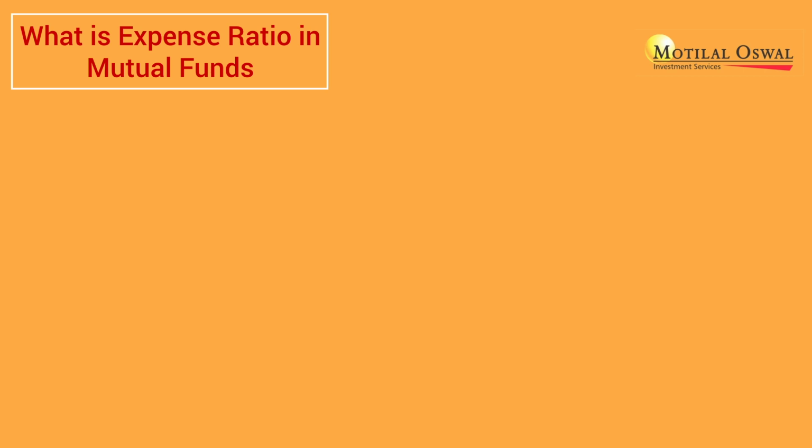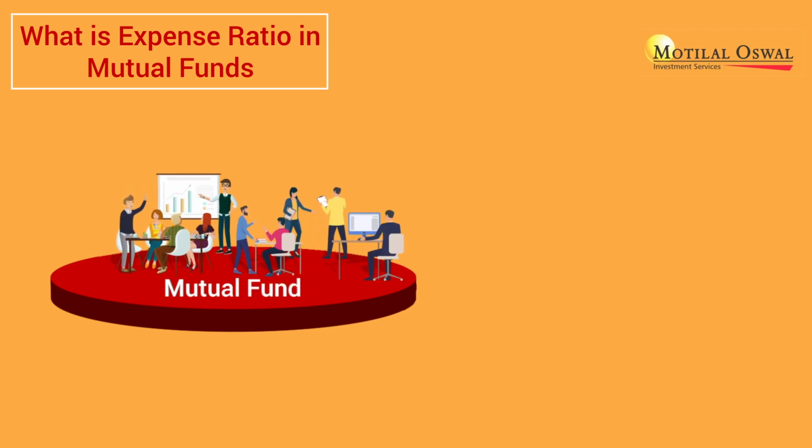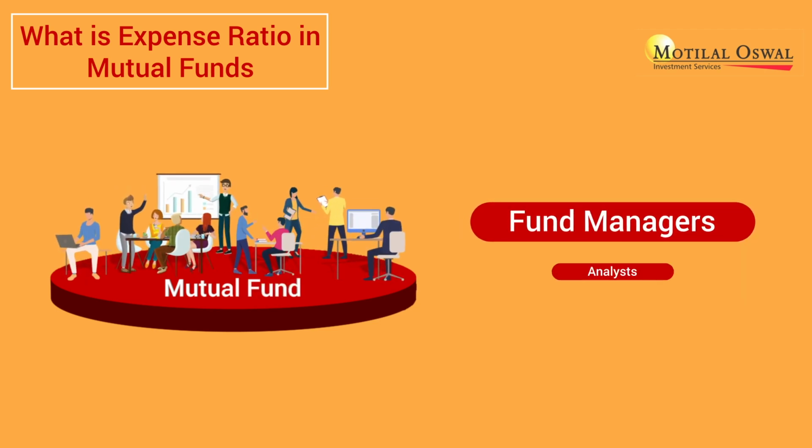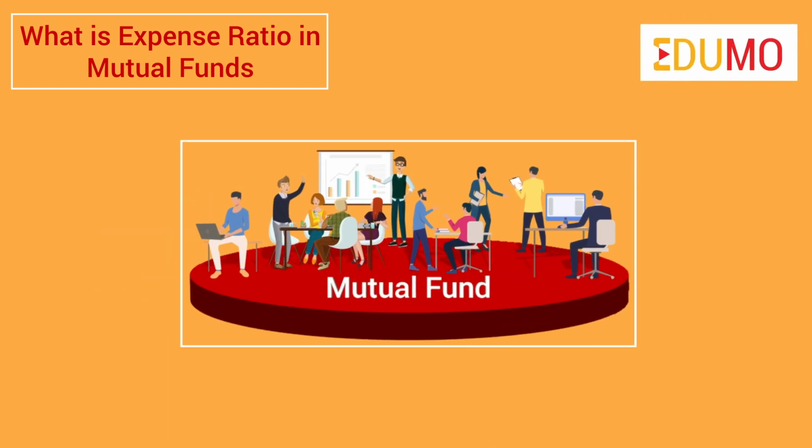As we all know, a mutual fund is managed by a team of people, which includes fund managers, analysts, and sales teams. The entire setup has to incur various costs to attract investors and to operate the mutual fund in the best way possible.